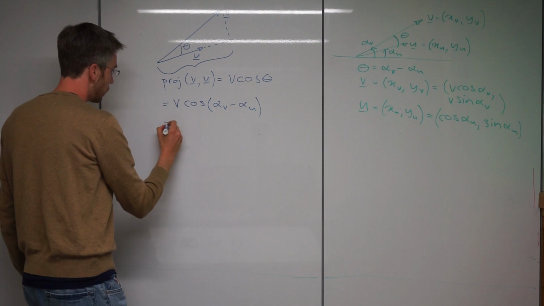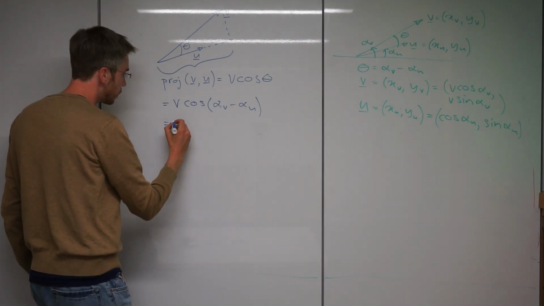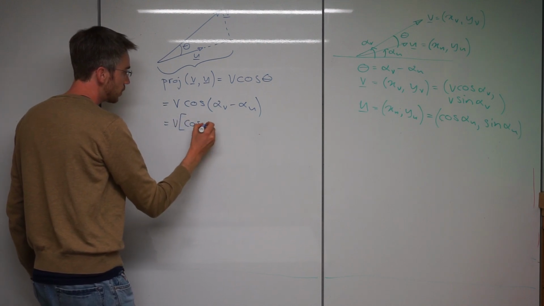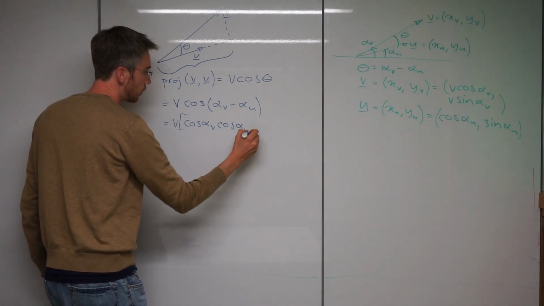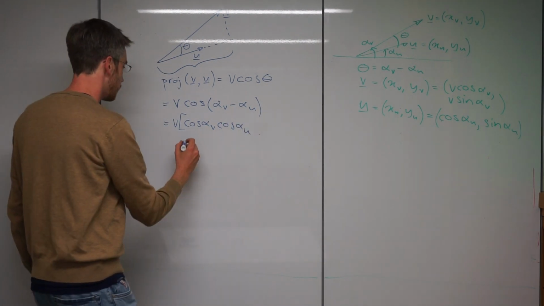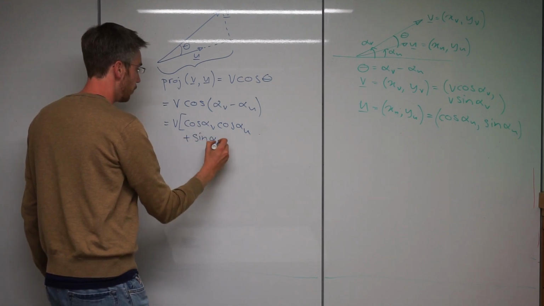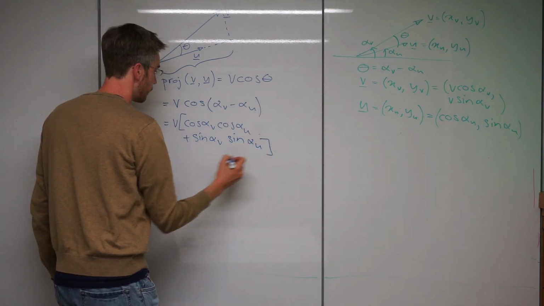And we know from our trigonometric identities that this is equal to v times cos alpha v cos alpha u plus sine alpha v sine alpha u.